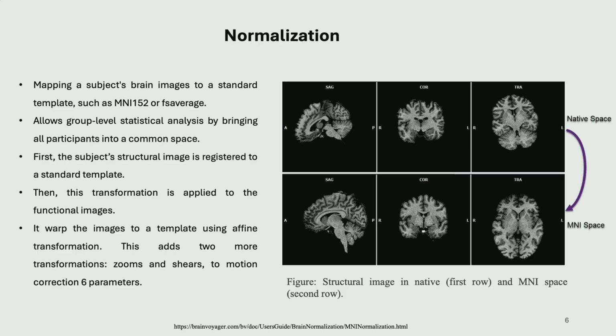Then there is the normalization, which is about how you can compare different subjects' brains. If it's an adult's brain, then we can use the MNI template to transform all the data. Of course, if one was to study small children, then one can make a template for children and use that.